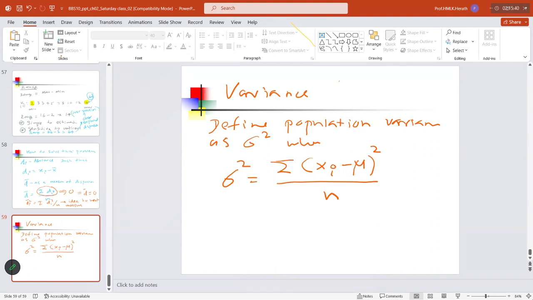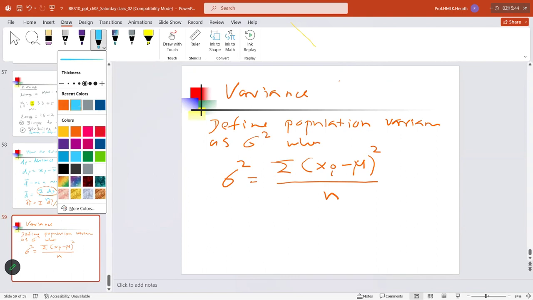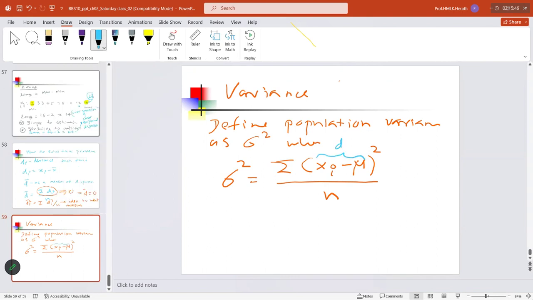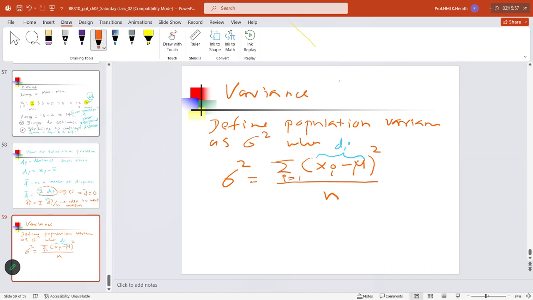This part is the deviance, this is di. So they square the deviance, add them together and divide by the population size.